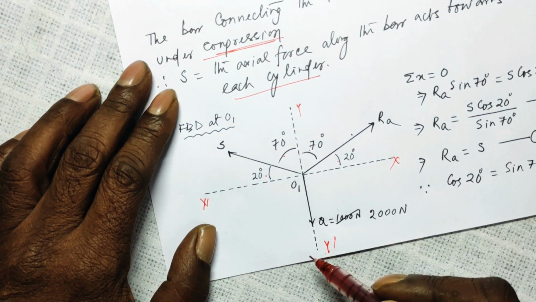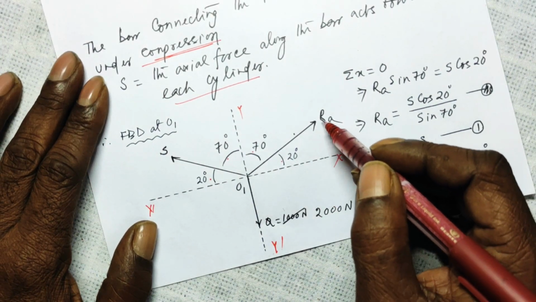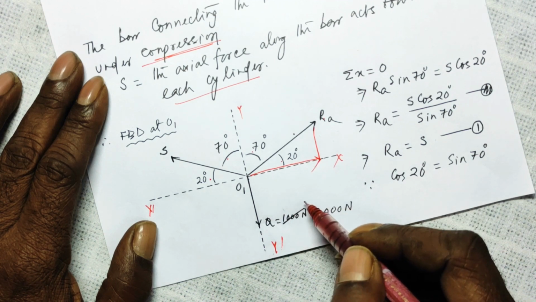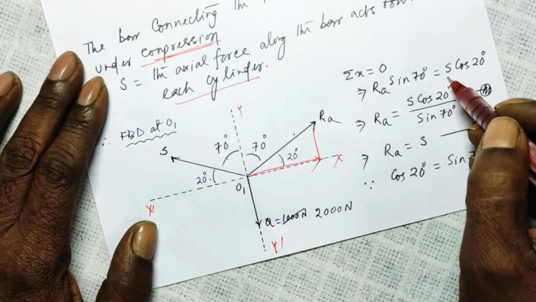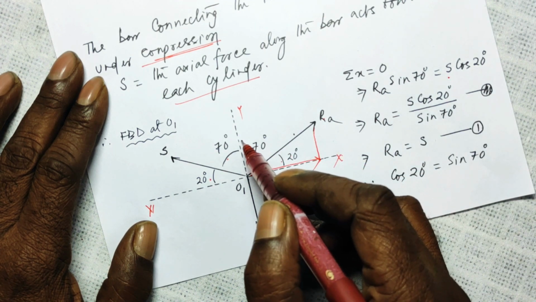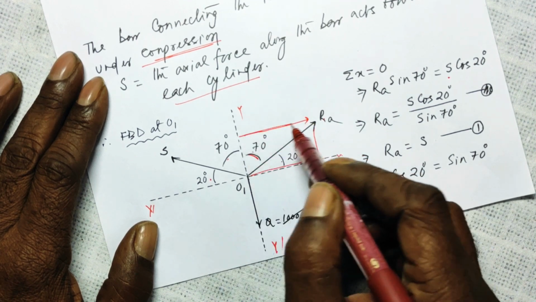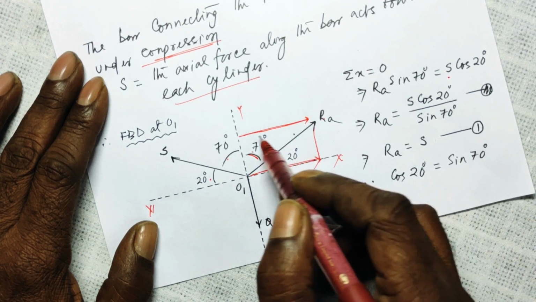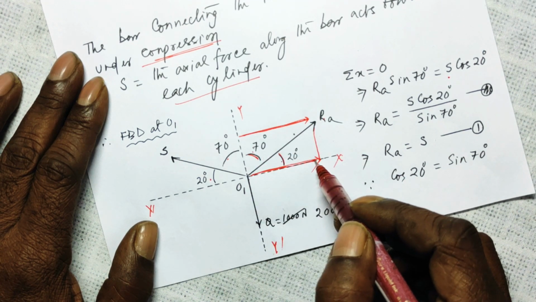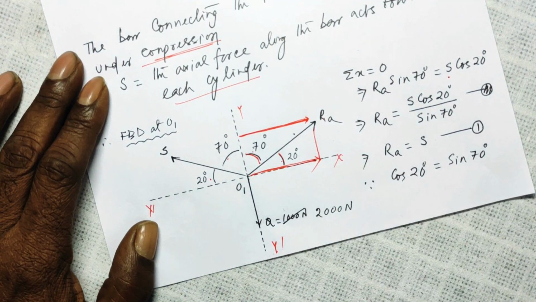So apply sigma x is equal to 0. If you apply sigma x is equal to 0, the component of RA along positive x-axis, this much, will be RA cos 20. Or you can say the same thing, if you consider this angle, it is the same thing as this. Either you say RA cos 20, taking this as the angle, or taking this angle, you say RA sin 70, one and the same thing.